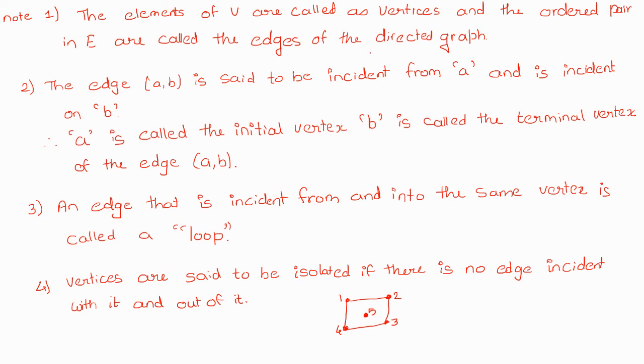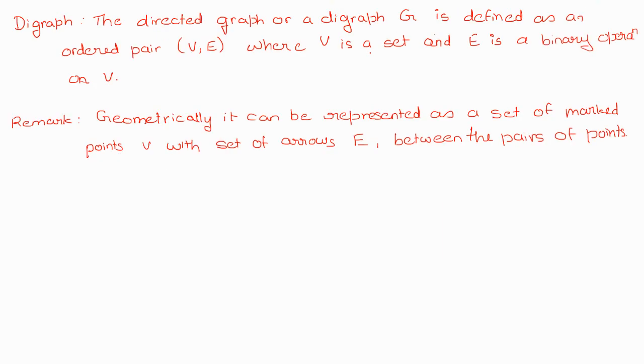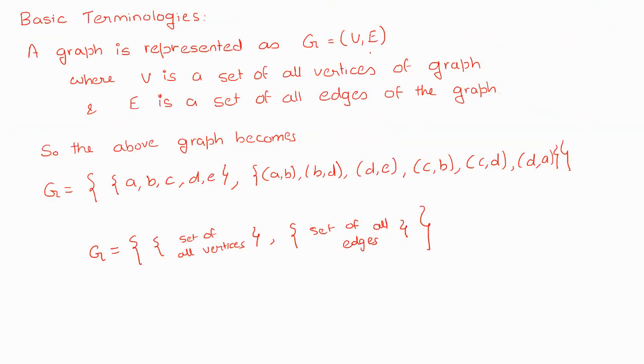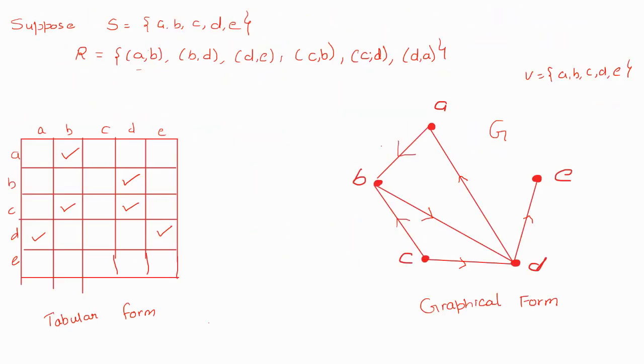Now suppose there is an edge A comma B. Then we say that this edge is going from A to B. That is, the edge AB is incident from A and it is incident on B.